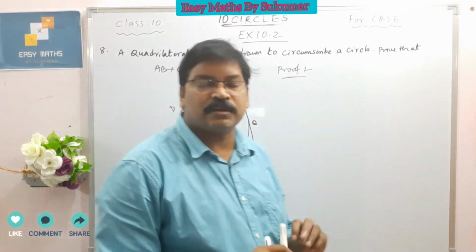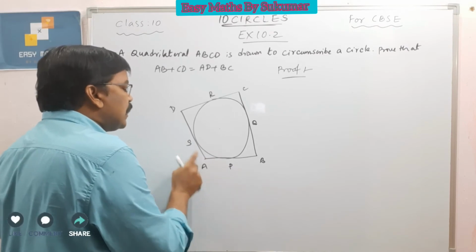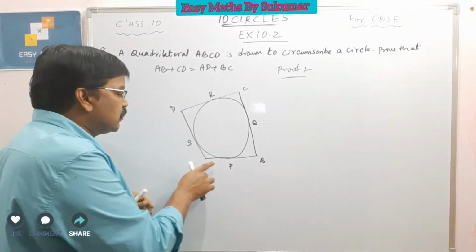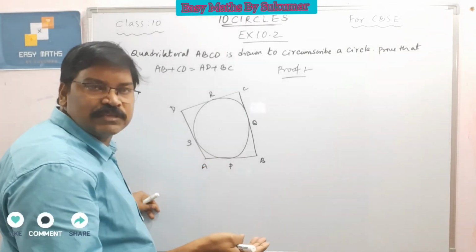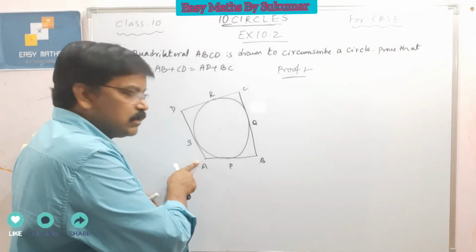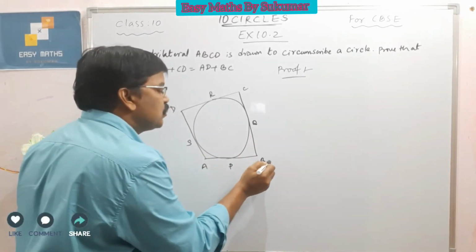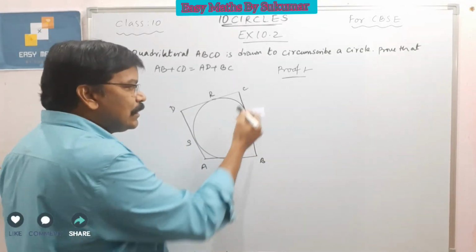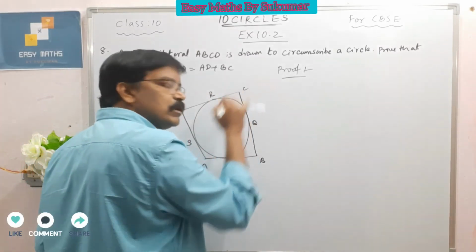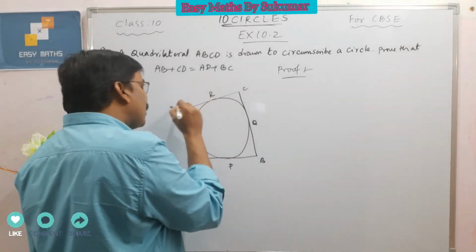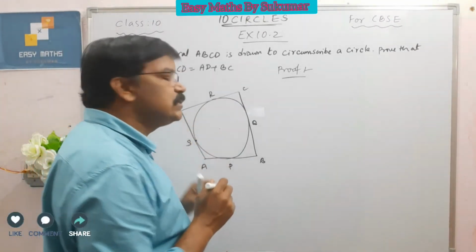So far we did not use theorem 10.2. See, AP and AS are the tangents drawn from the external point A. Similarly, BP and BQ are also the tangents drawn from the external point B. Similarly, CQ and CR are the tangents drawn from the external point C. Similarly, DR and DS are also the tangents drawn from the external point D.